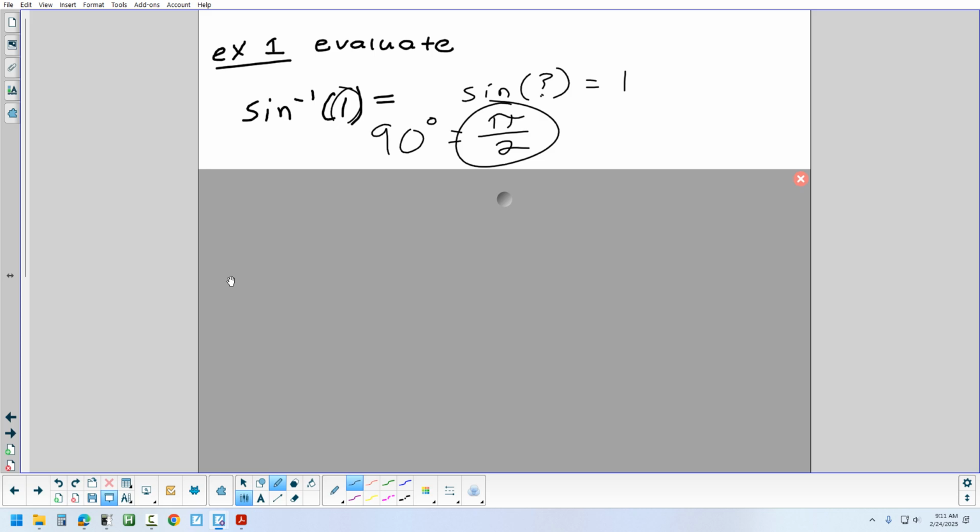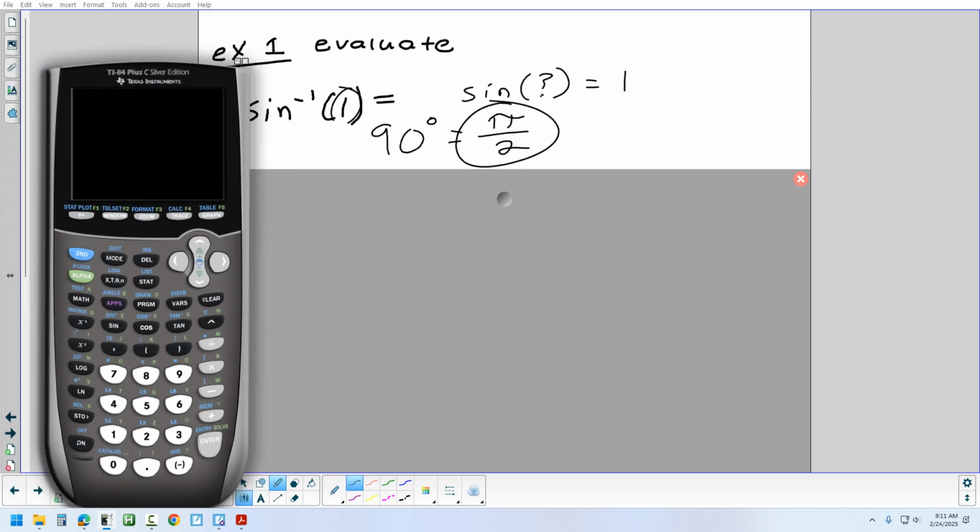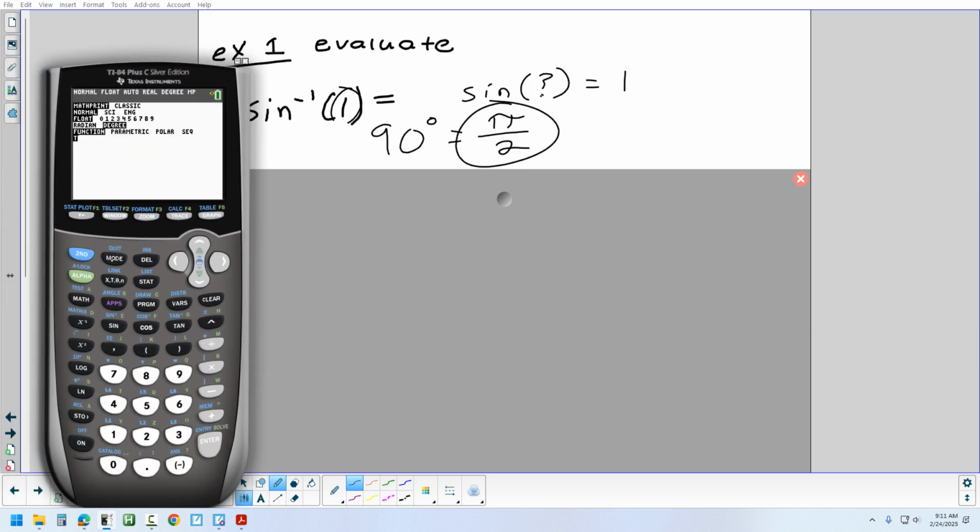Now, when I type something like this in on a calculator, I always do it in degrees, especially if they tell me they want an exact answer. Because if I try typing this in on the calculator in radians, the inverse sine of 1, and I ask you for an exact answer, and you write 1.570796327, that's not exact.